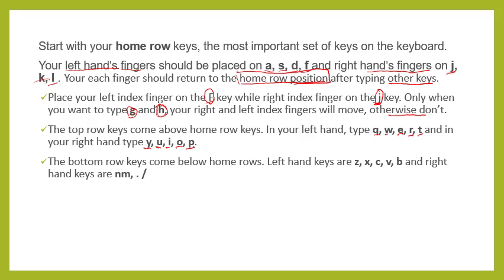The bottom row keys come below the home row, and these letters are Z, X, C, V, B. This appears on the left bottom of the home row, so you use your left hand fingers to type these. The right hand keys are N, M, comma, full stop, and backward slash.